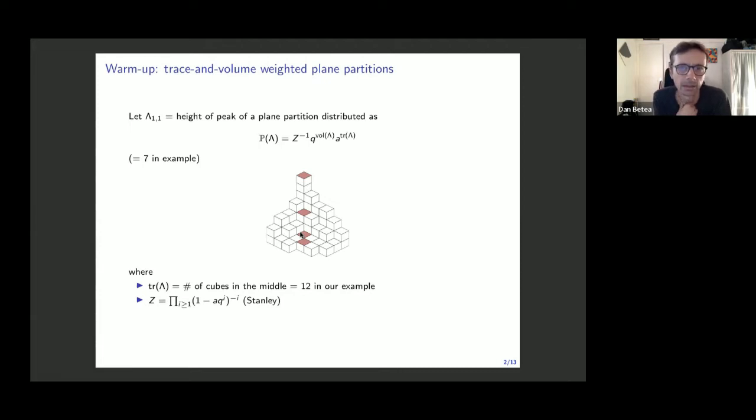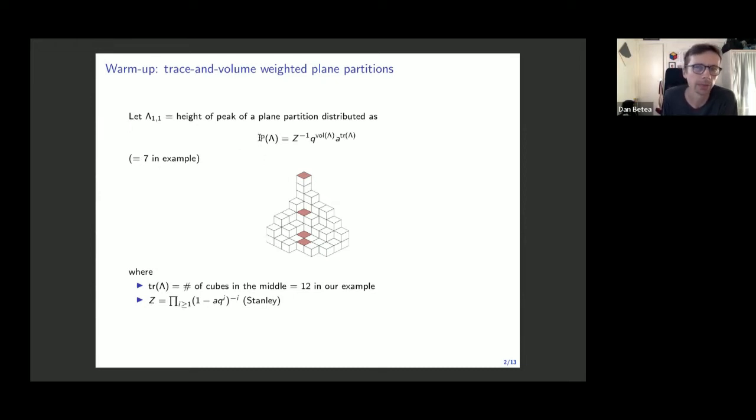And if you sum over all plane partitions, the partition function, what I call Z, was first computed by Stanley, I believe, in the late 70s, and it's equal to the nice product that you see below. If I put A equals 1, I just get Q to the volume measure, the most natural measure you can think of.